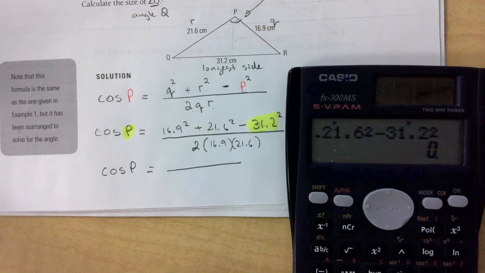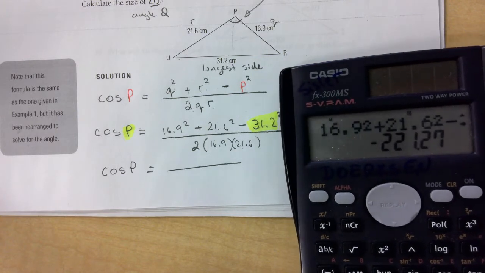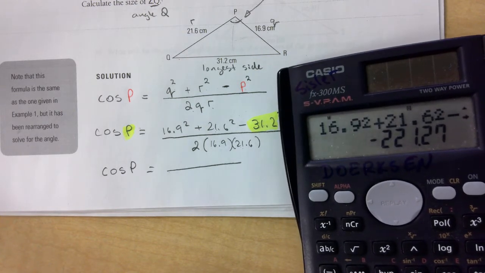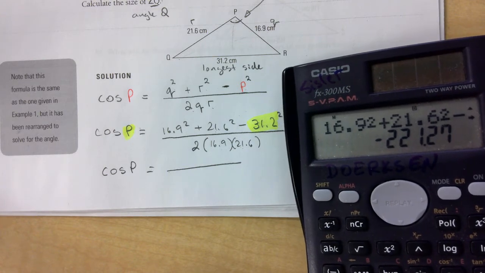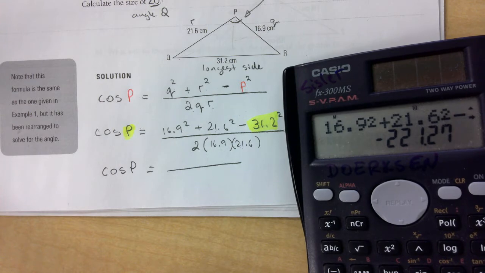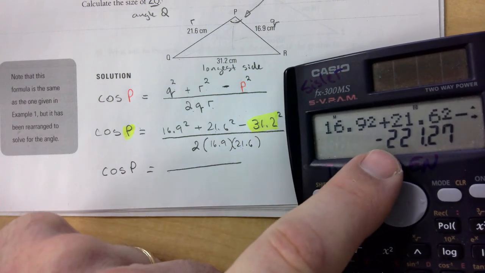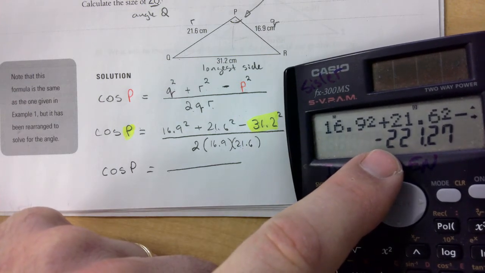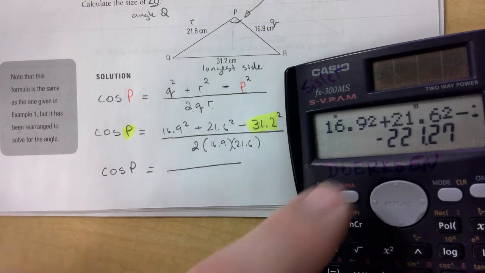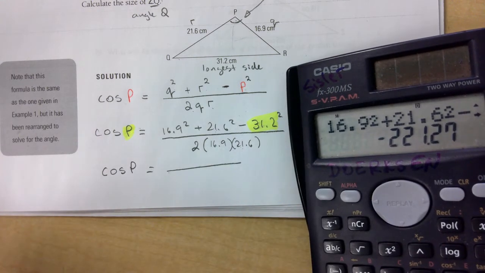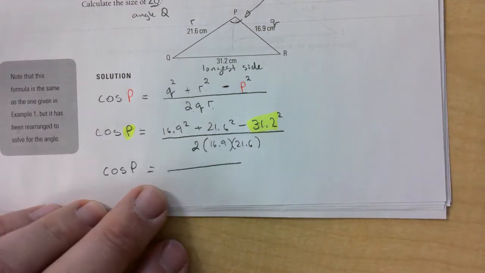I can do that all in one shot. And you get negative 221.27. That is normal. Okay? Don't be scared of a negative. It will happen from time to time. Negative 221.27. You write down everything, the whole thing. Okay?